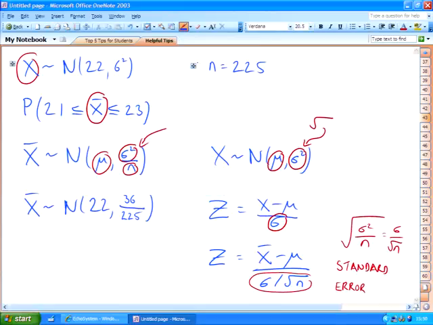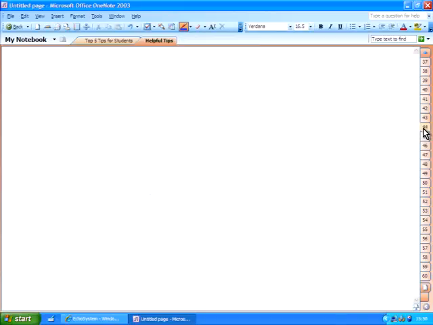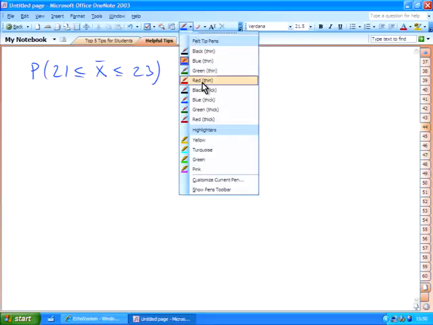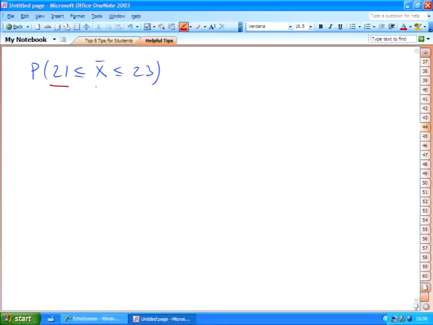Okay, so let's do that. Let's just go on to a new slide to get some more space. So I want to compute in my x bar domain the probability that x bar is between 21 and 23. So I now need to standardize this thing. So now I have actually three elements to standardize, namely the left-hand part, the center part, and the right-hand part.